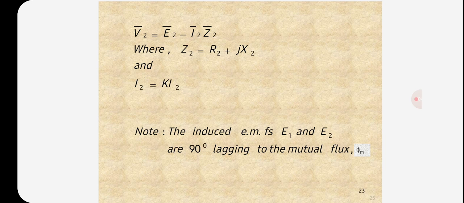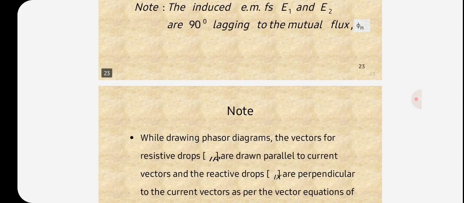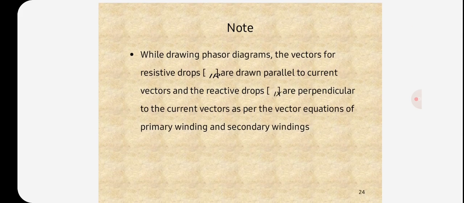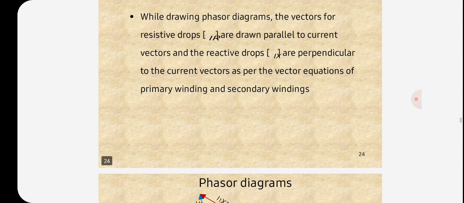The induced EMFs E1 and E2 are 90 degrees lagging to the mutual flux phi m. So while drawing phasor diagrams, the vectors for resistive drops IR are drawn parallel to the current vector, and the reactive drops IX are perpendicular to the current vectors, as per the vector equations of primary and secondary windings.